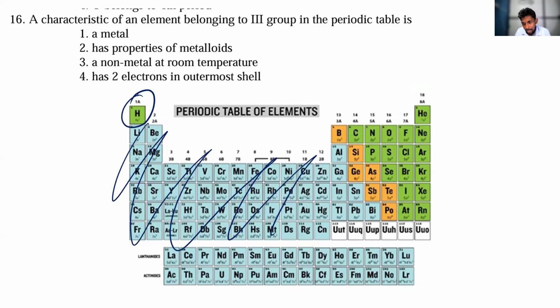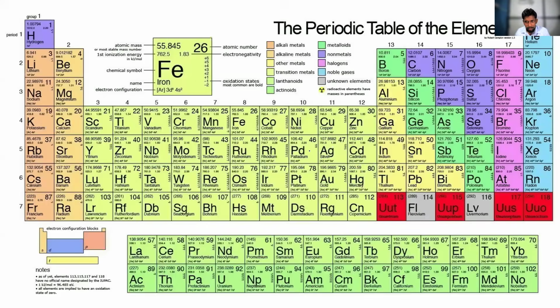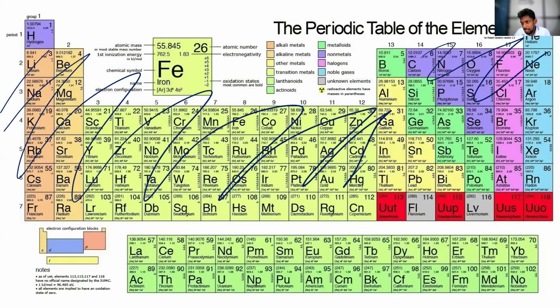And all these on your right-hand side will be non-metals. On the left-hand side will be metals. Between the non-metals and the metals, we have the metalloids. You can look at this picture. These are metals. These are non-metals. Hydrogen is also considered a non-metal. But between the metals and the non-metals, we have the metalloids.